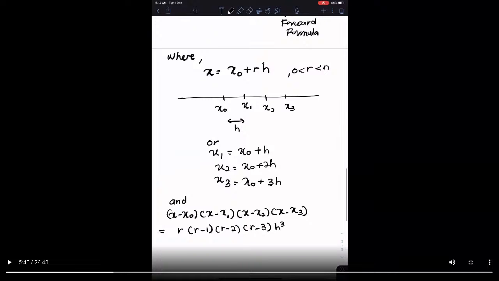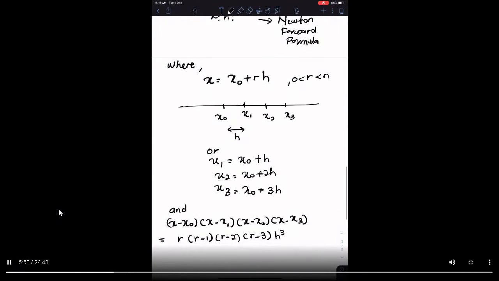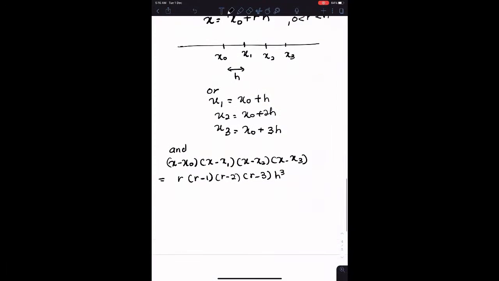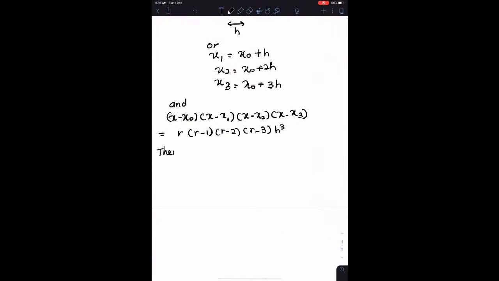All right, so this is an argument you need to remember, because we want to create the Newton forward divided difference interpolation.